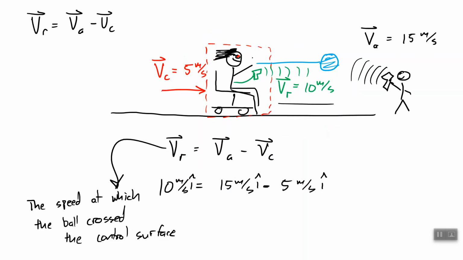And so I haven't changed. The only thing that's changed about me is I'm moving, but my body can still throw the ball at 10 meters per second. So according to me, that's how fast I threw it. But because I'm moving, the ball itself is moving 15 meters per second, according to this guy.